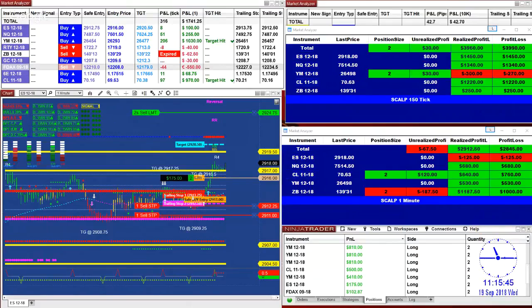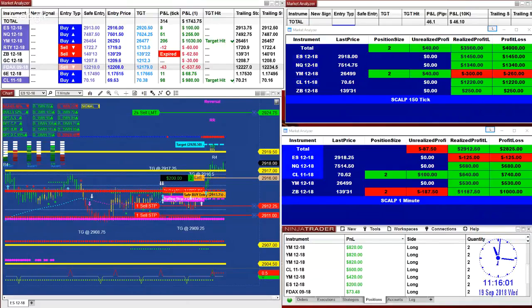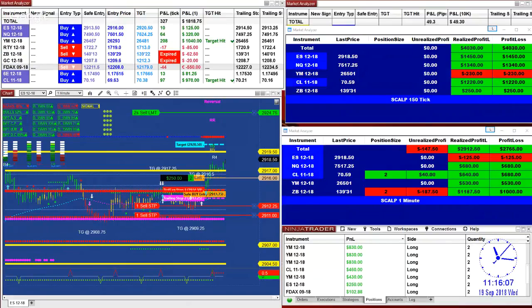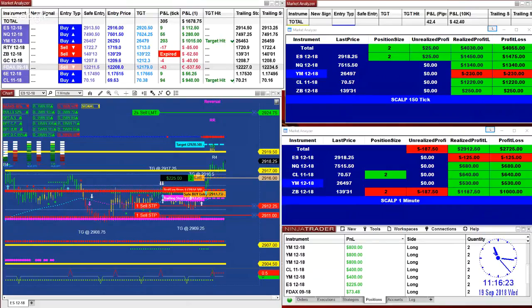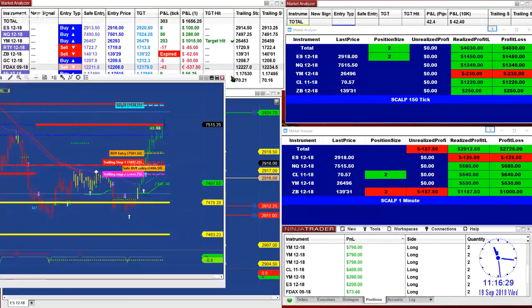We're lifting on this. The ES is about to hit the target, and the Nasdaq as well. Now the last stop on the Nasdaq is right there.